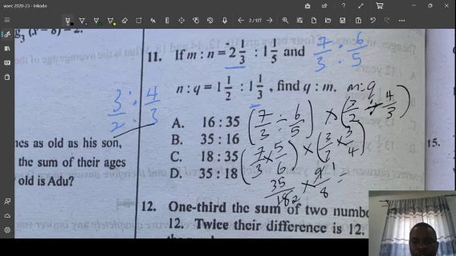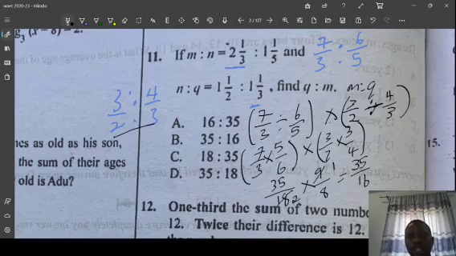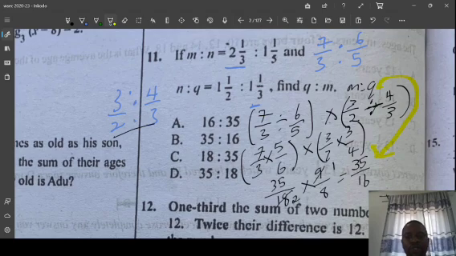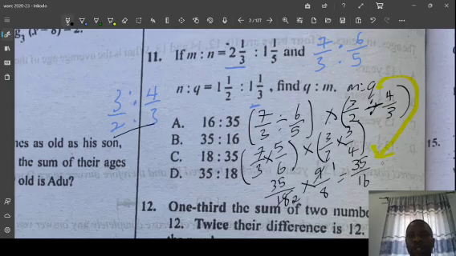Nothing else can divide, so I'm left with 35 over 16. So my m ratio q is equal to 35 over 16, or 35 ratio 16. If I flip it, q ratio m will now be 16 over 35, or 16 ratio 35, which is my option A.